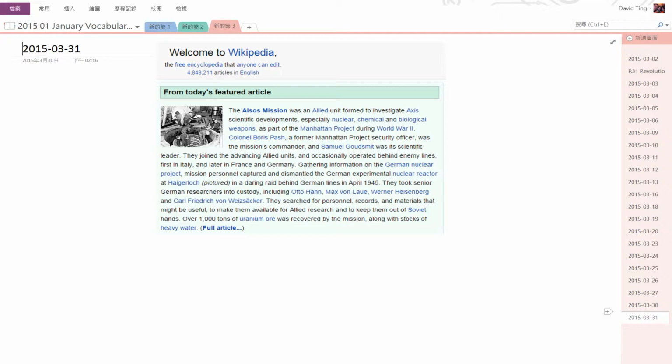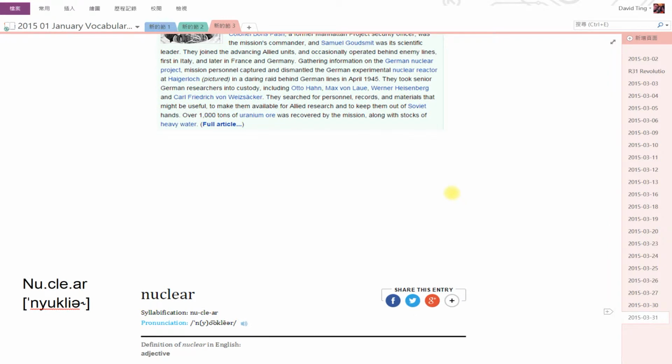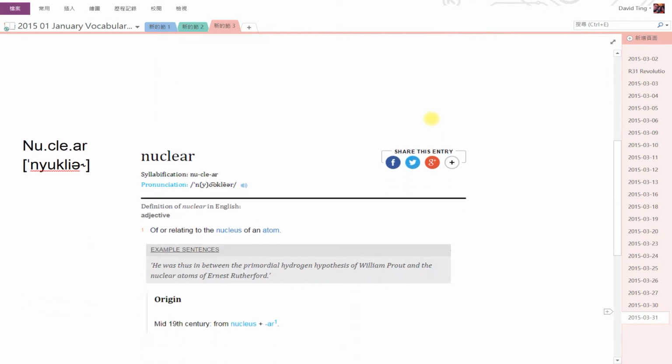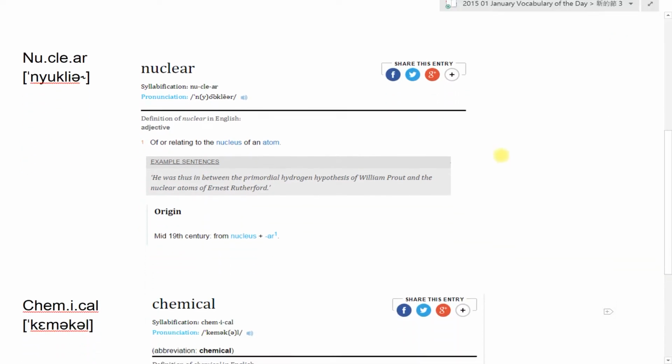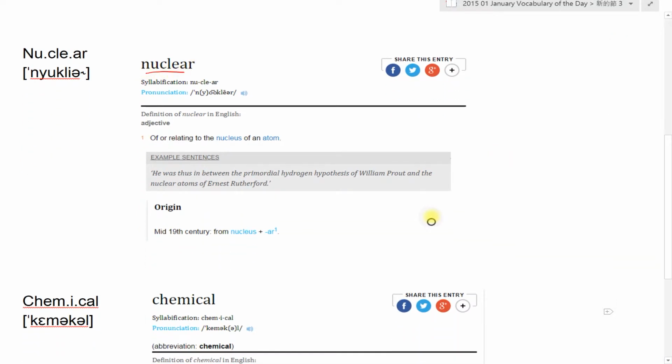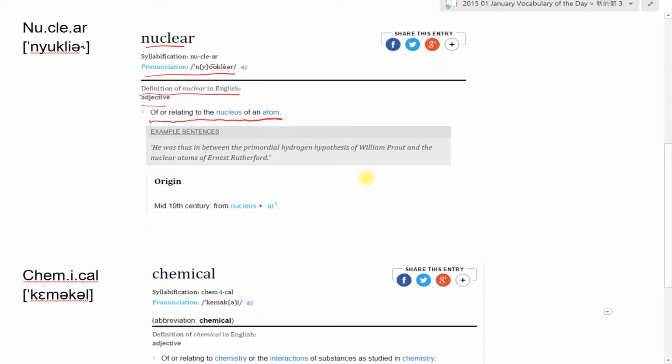好的，不知道同学们刚刚有没有办法利用我们这样用 spell and beat 的规则把这两个单字拼出来。我们还是一样来看一下这两个单字的介绍。Nuclear. Definition of nuclear in English. Adjective. Of or relating to the nucleus of an atom.